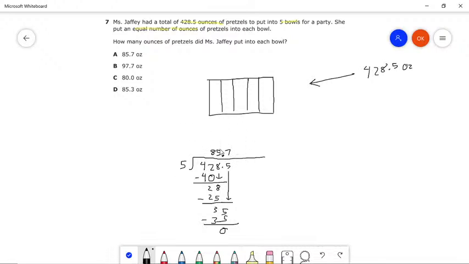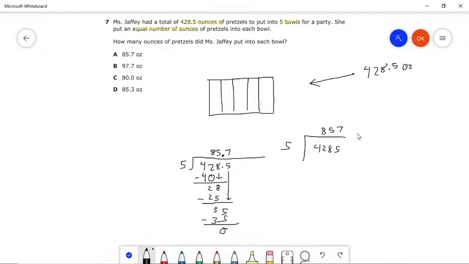Another way, in case you get confused, is you could just multiply 428.5 times 10, so that would get you 4,285, and then you would do your division and you would get 857. Then all you have to do is divide 857 by 10.